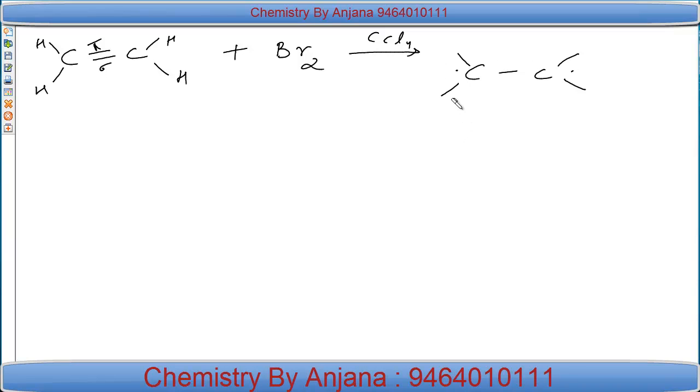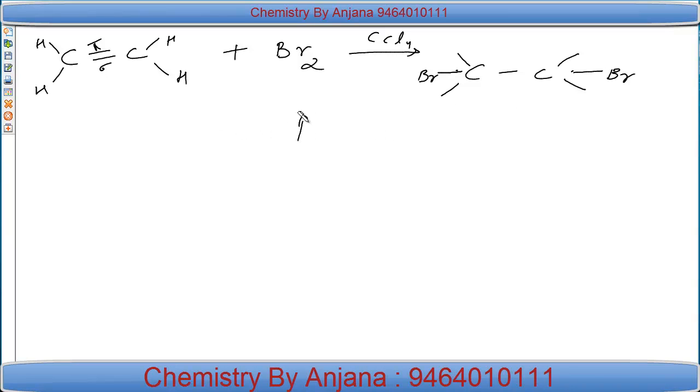To satisfy that Br2 का एक ब्रोमीन इधर और एक ब्रोमीन इधर आके एड ऑन होगा Br. This results in dihalo derivatives of alkanes and that is dihalogen compounds. तो इस तरह के डेरिवेटिव्स में दो हेलोजन एक साथ ऐड हो गए.